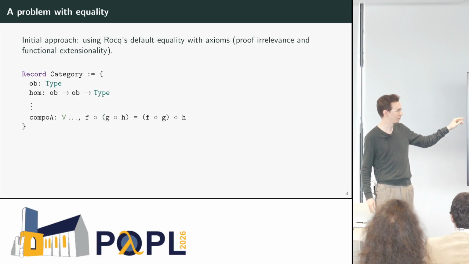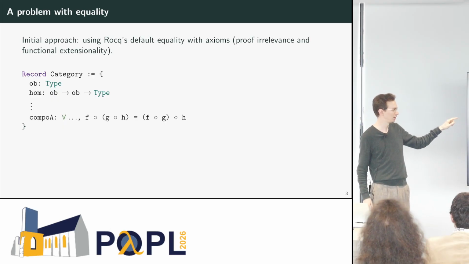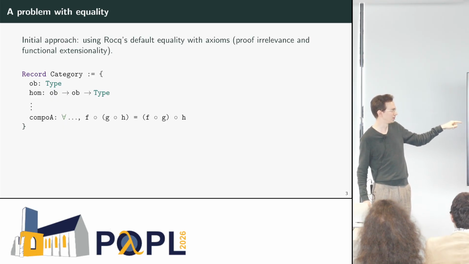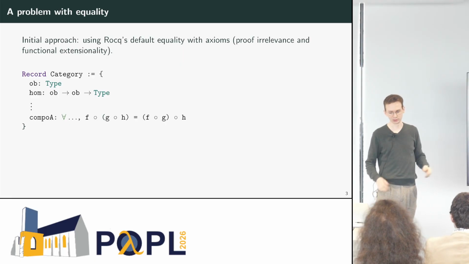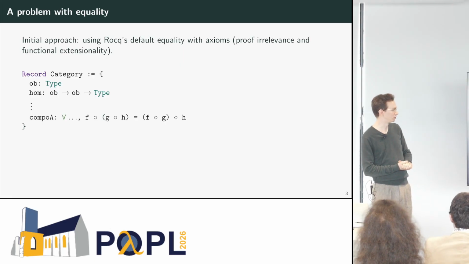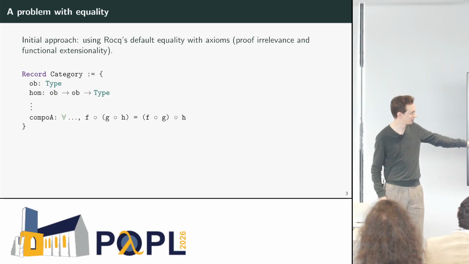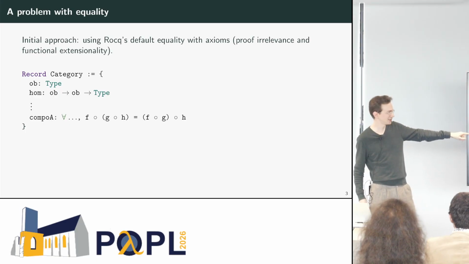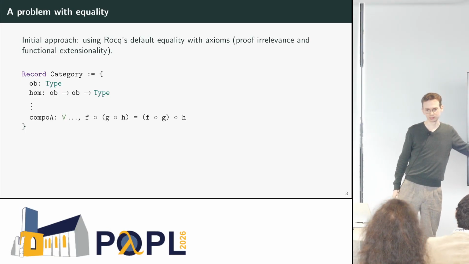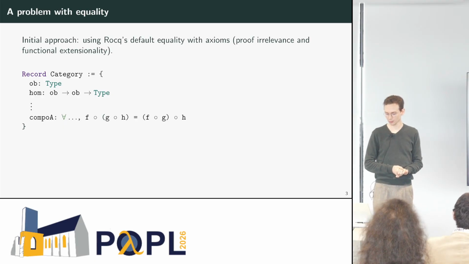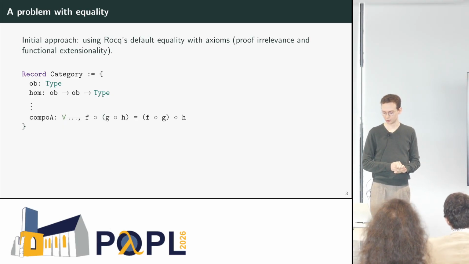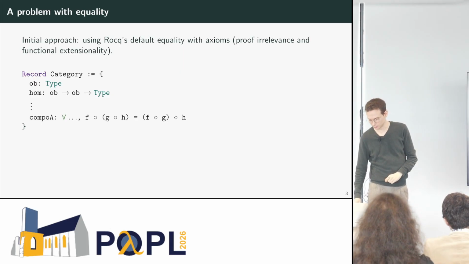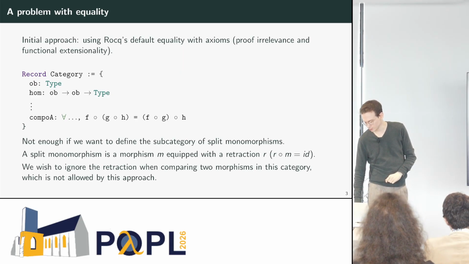We have a type of objects, and the home set takes two objects and gives us a type. Then if we want to state associativity, assuming we have defined the composition in the dots here, we simply use the equal sign. This is nice for many use cases.